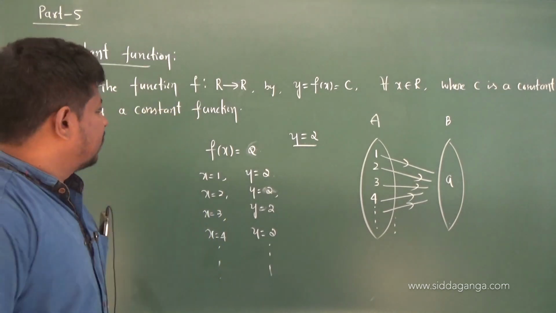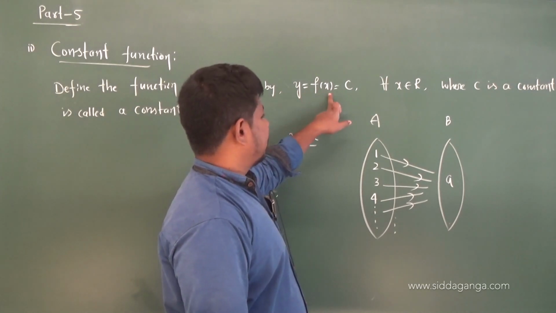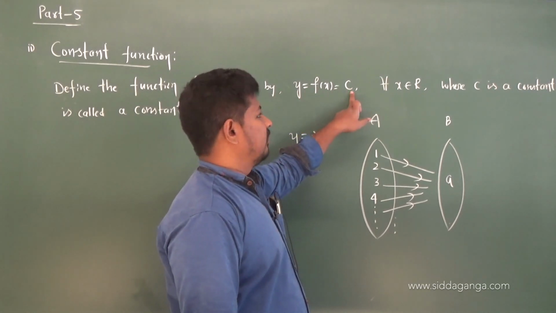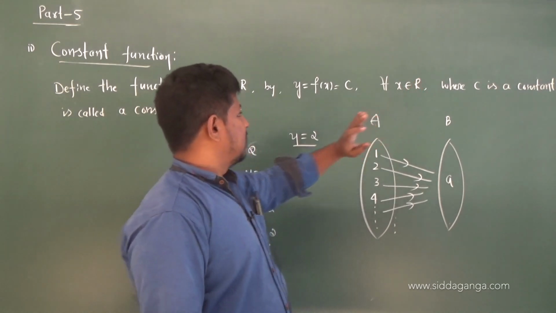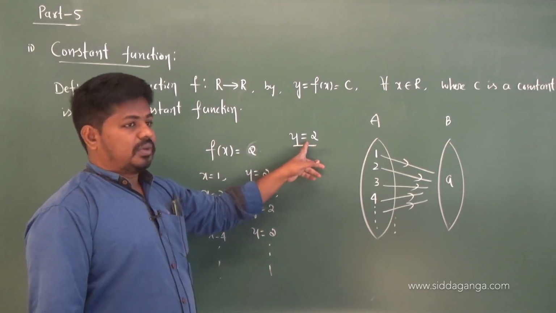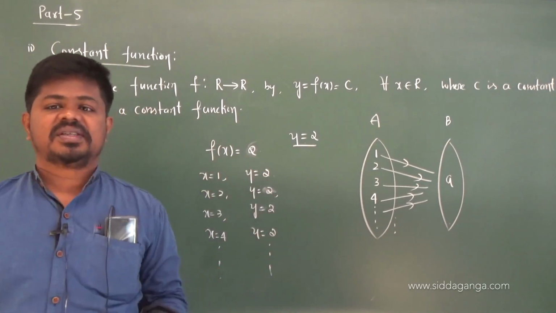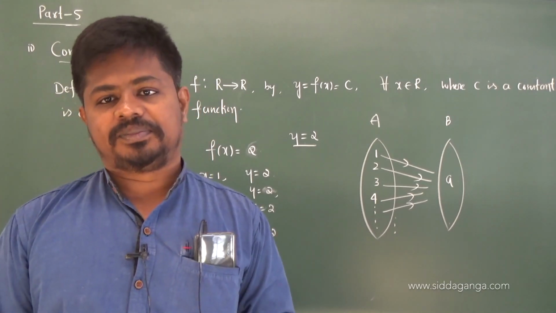Okay. Function f from R to R defined by y is equal to f of x is equal to c, where c is a constant value for all real numbers x, is called a constant function. So for example, y is equal to 2 or f of x is equal to 2 or f of x is equal to 3 or f of x is equal to 10 is an example of a constant function.